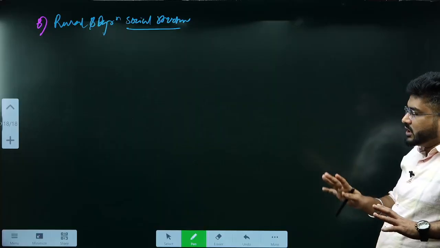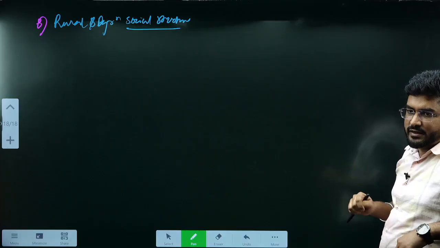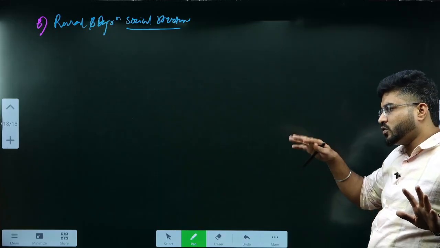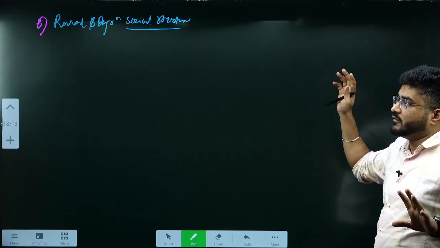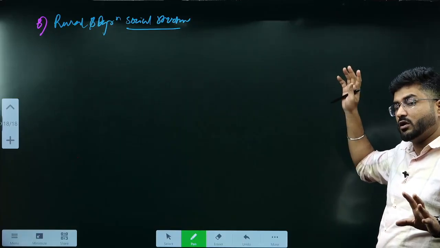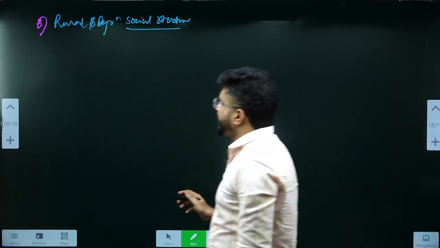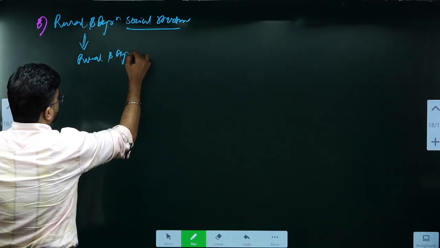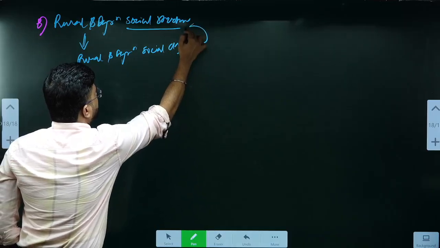When we talk about the social structure and its relation with rural and agrarian social structure, that means whatever social structure we have from British times, we are trying to understand the transformation or change of that social structure. Whatever social classes related to that structure are present in Indian society, we are also trying to understand those social classes and their transformation. That means the rural and agrarian social classes we need to read here.